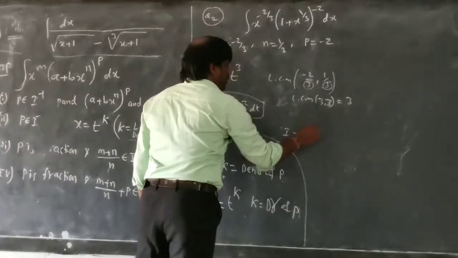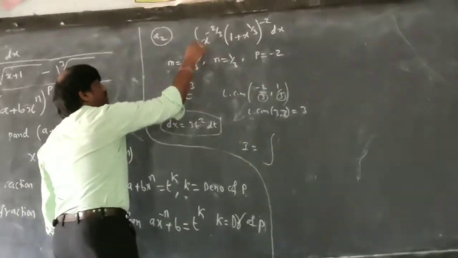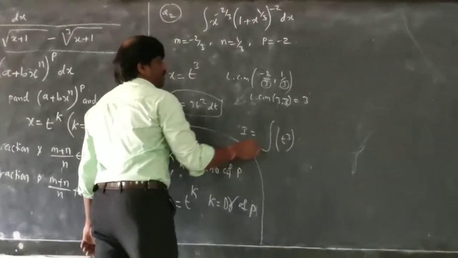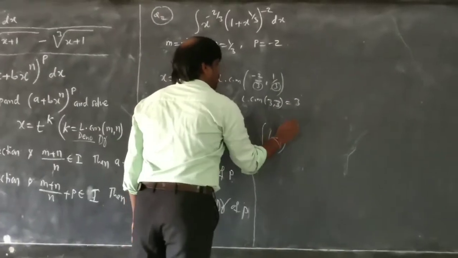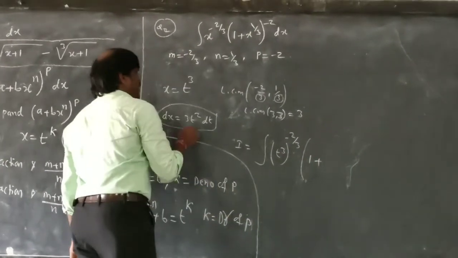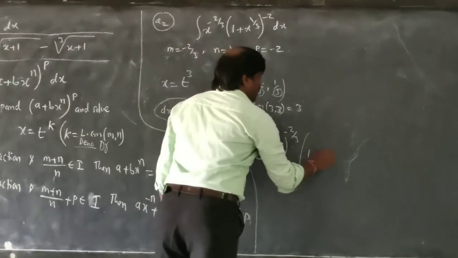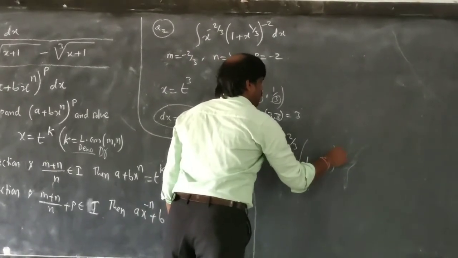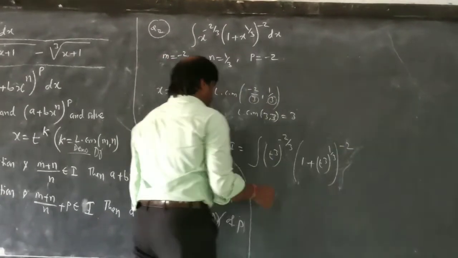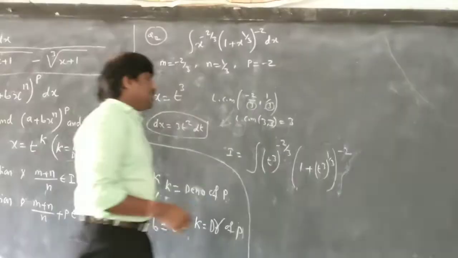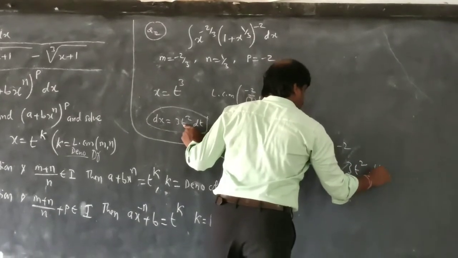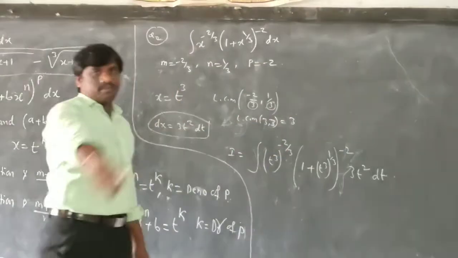I is equal to integration of, wherever x is there I can write t cube: t cube to the power of minus 2 by 3, in bracket 1 plus, in the place of x I can write t cube to the power of 1 by 3, to the power of minus 2. dx can be replaced as 3t square dt. Okay, this is what I am getting here.